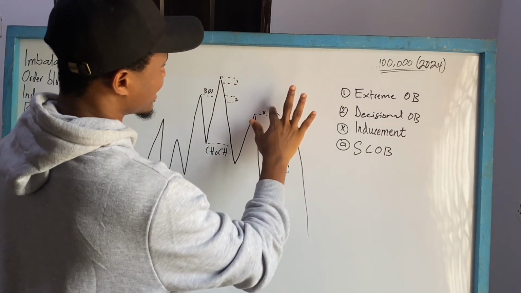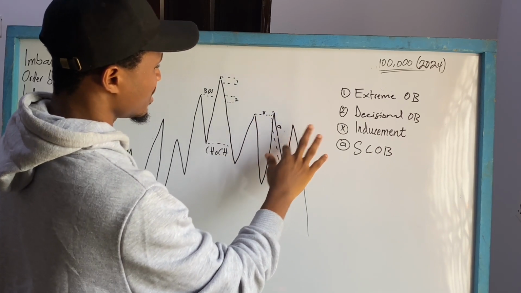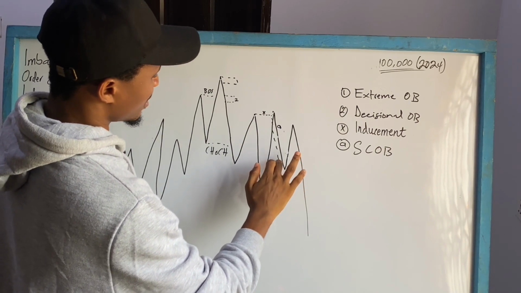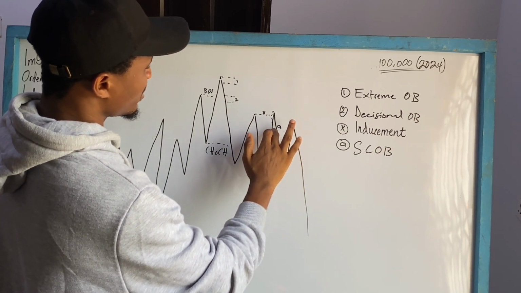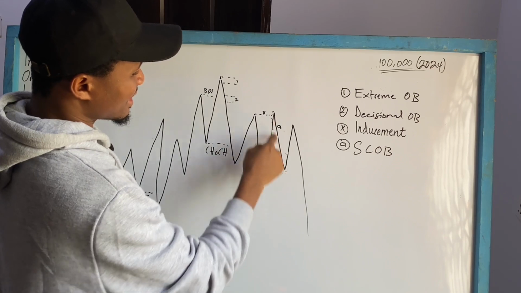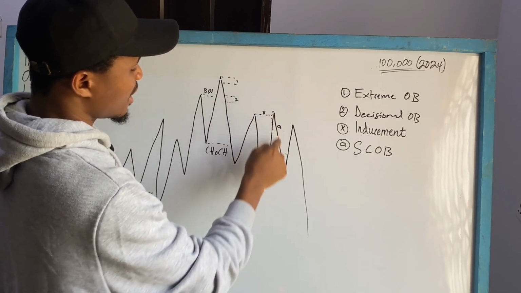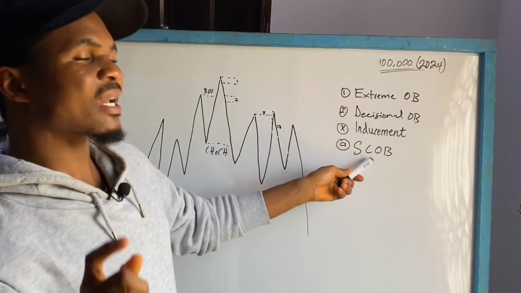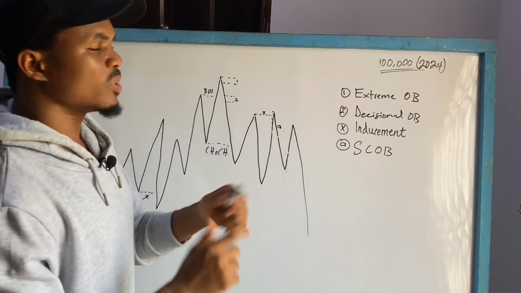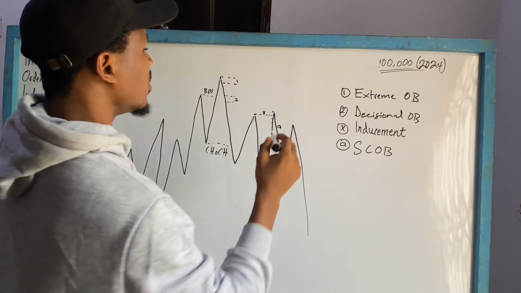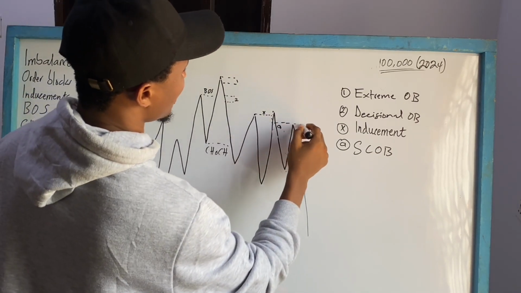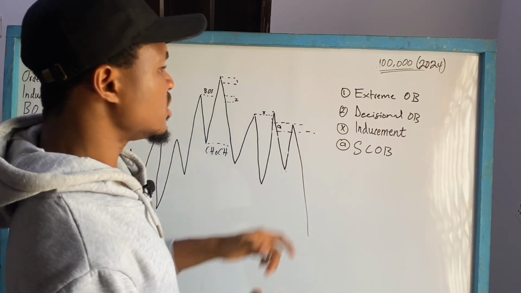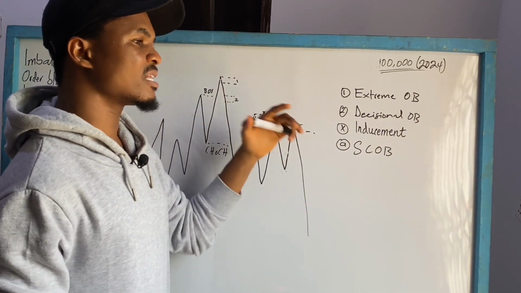I think let me just clean this dotted line since you know what they mean already. So our focus will be on this particular leg that came down over here. Now within this leg, we'll be looking for single candle order block. Wherever we see that single candle order block, we are going to mark it as our point of interest, so that when price moves into it, then we can take a sell from there.